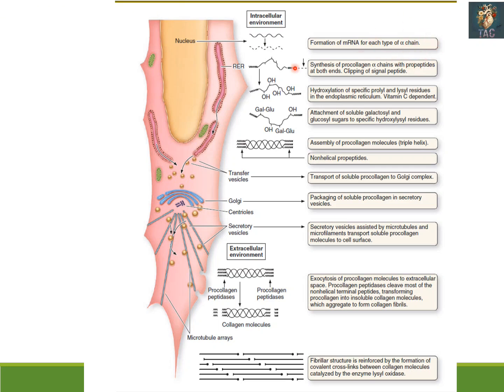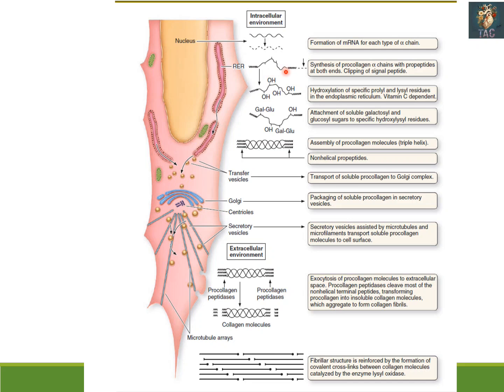Different types of alpha chains are present in collagen fibers, and on the basis of these alpha chains we classify different types of the fibers. So first of all, the messenger RNA forms, and it attaches to the rough endoplasmic reticulum, where synthesis of the procollagen molecule of alpha chain takes place.